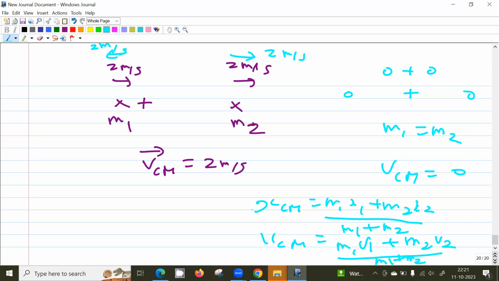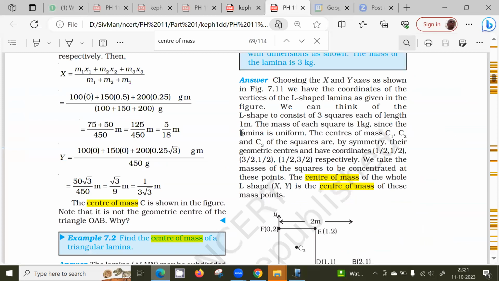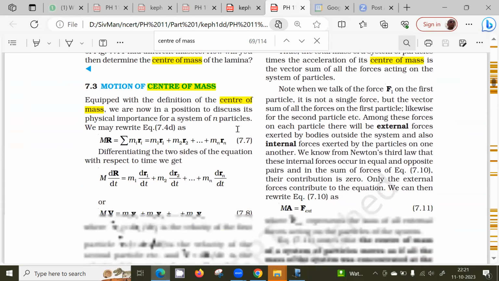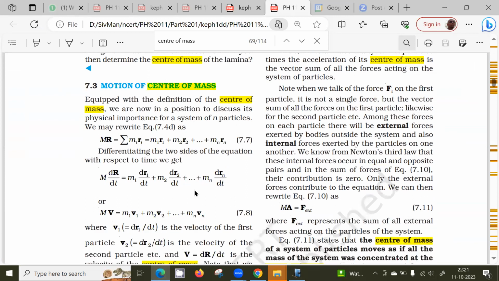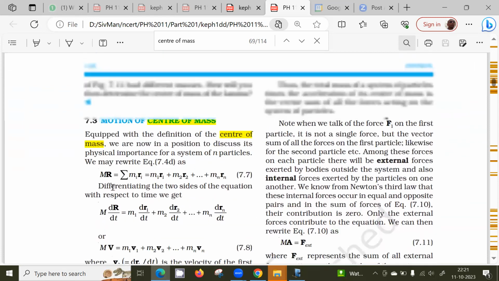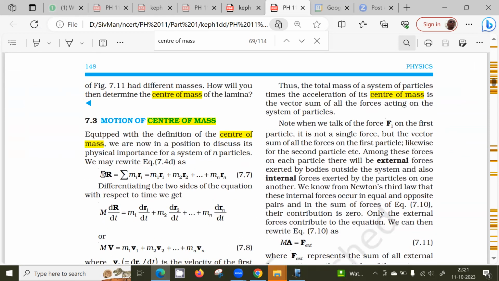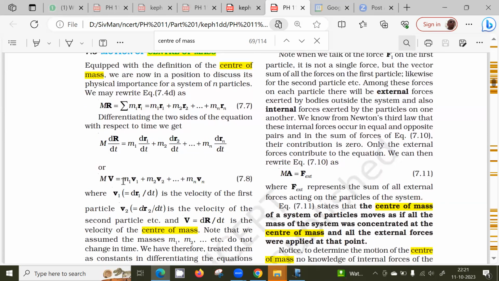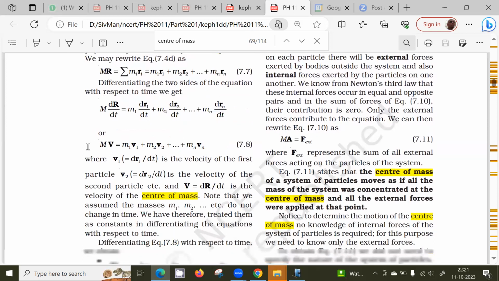I have to differentiate this one to get this one. So the center of mass can be defined like this. If I differentiate both sides, I get the velocity of the center of mass as (m1 v1 plus m2 v2) divided by the total mass.